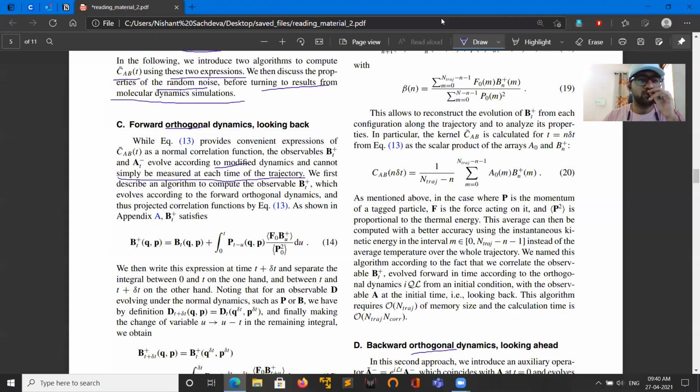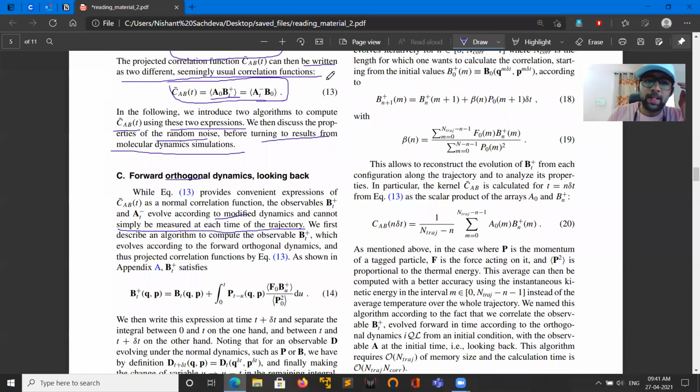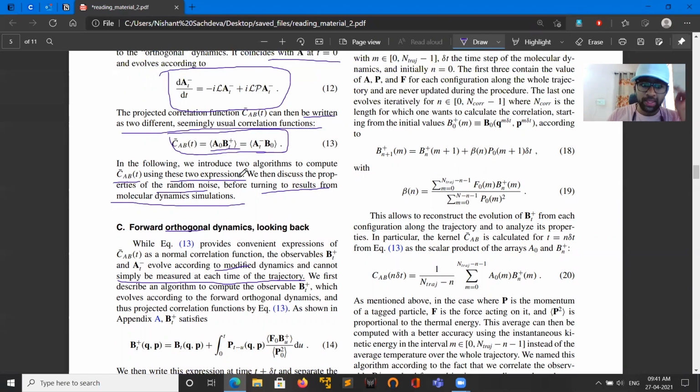Let's repeat that then. What we are doing is, equation 13 is this one right here. It provides convenient expressions of CAB of t as a normal correlation function. The observables Bt plus and At minus, however, evolve according to modified dynamics.